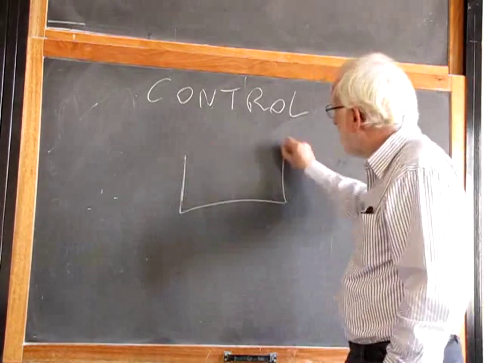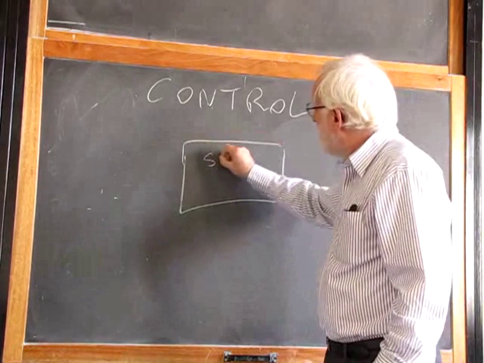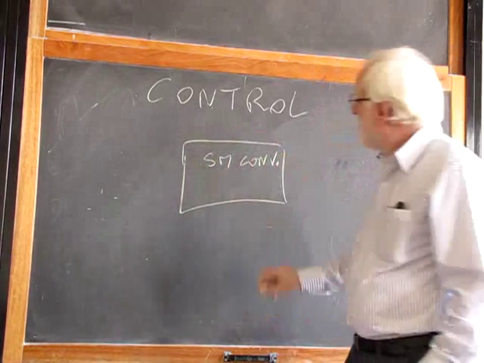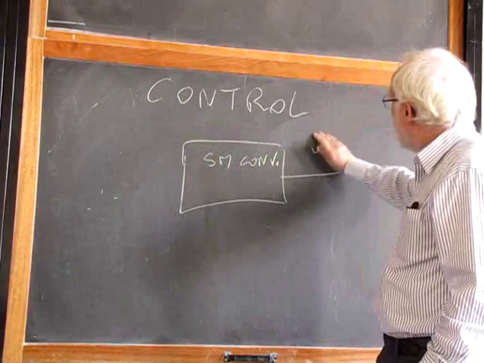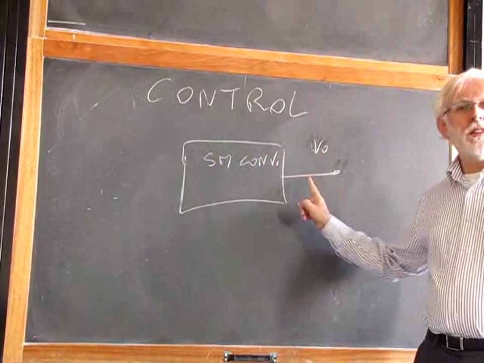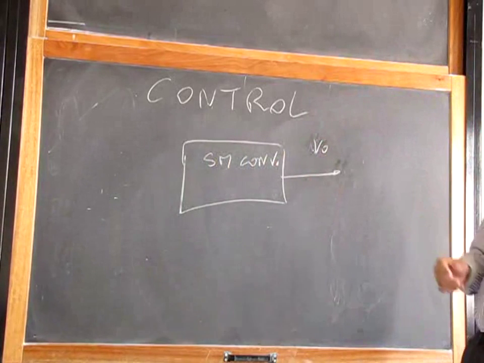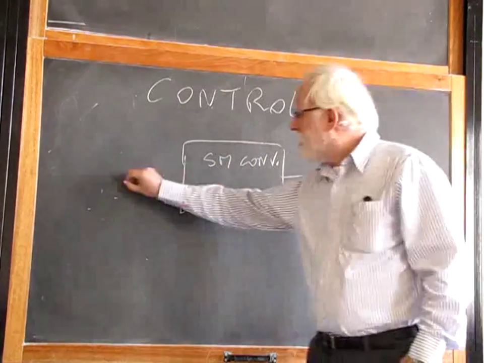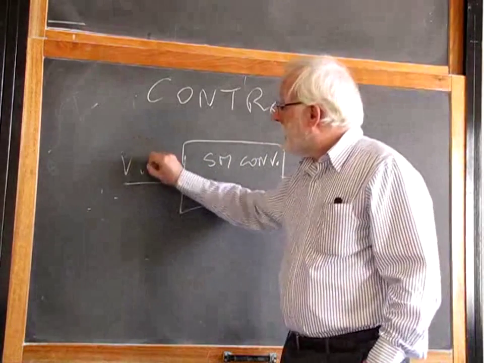So we have here my switch mode converter. Switch mode converter has an output, let's say an output voltage. I want to keep this output voltage constant no matter what happens around this converter. This converter has an input voltage.